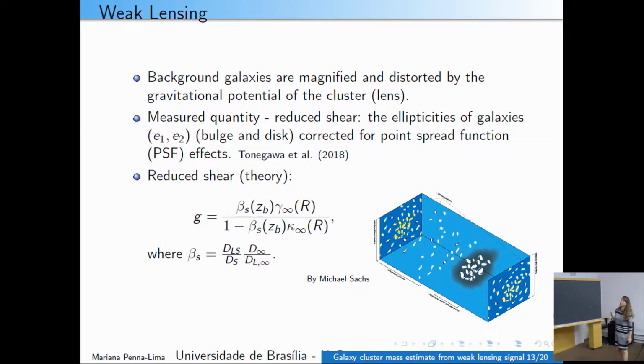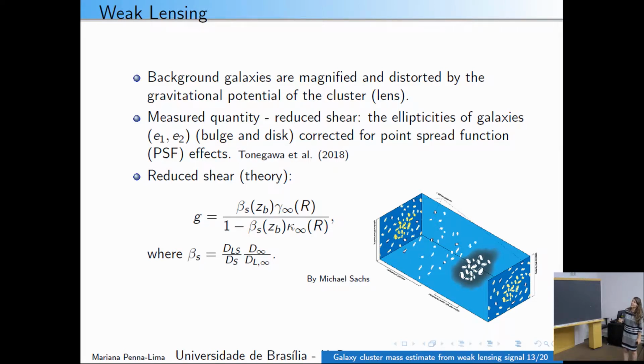These deformations are what we want. We are going to measure the reduced shear, so the ellipticities of the galaxies have to be corrected by the point spread function, PSF. And then we have here the reduced shear.